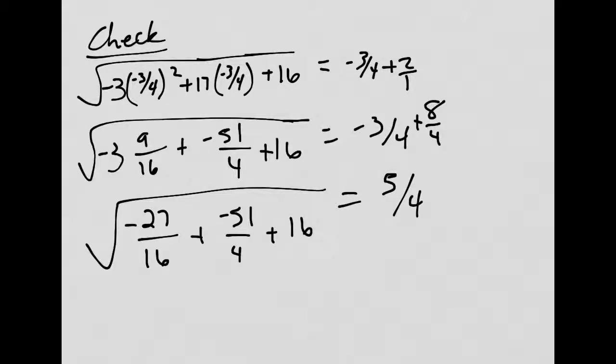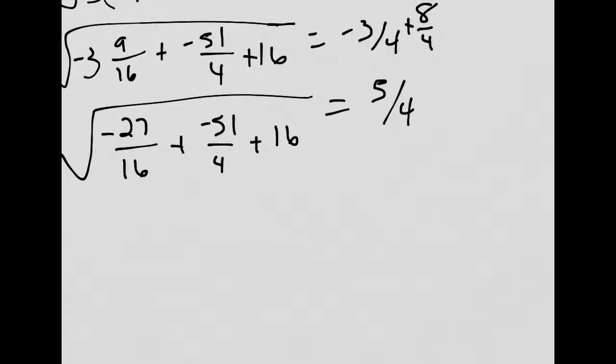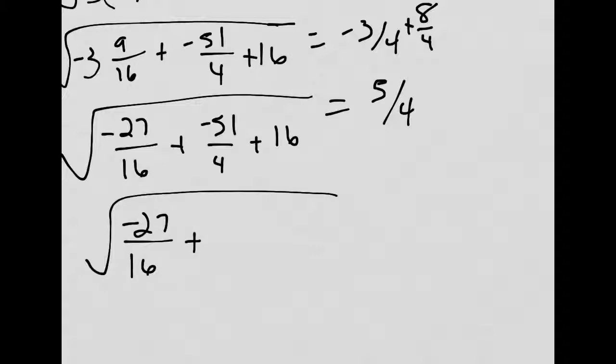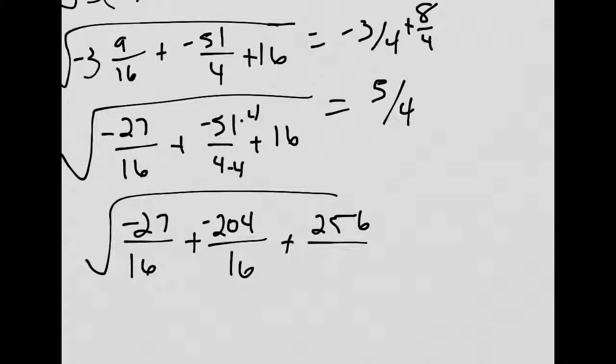Looks like my common denominator is going to be 16. So that's going to be the square root of negative 27 over 16 plus negative 51 times 4 will be negative 204 over 16, plus 16 times 16 is 256 over 16 is equal to 5 over 4.